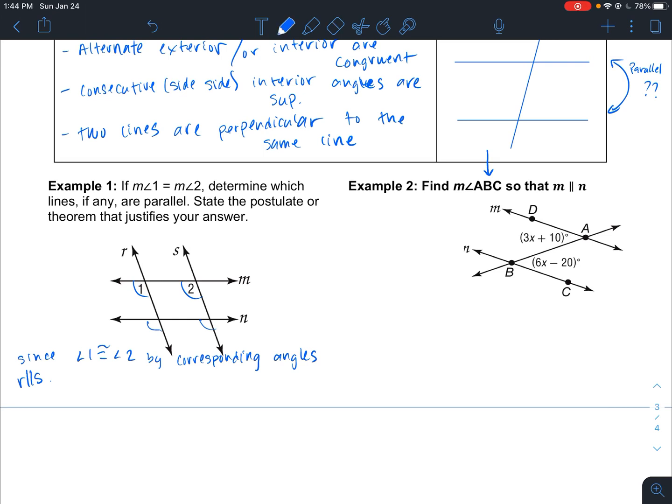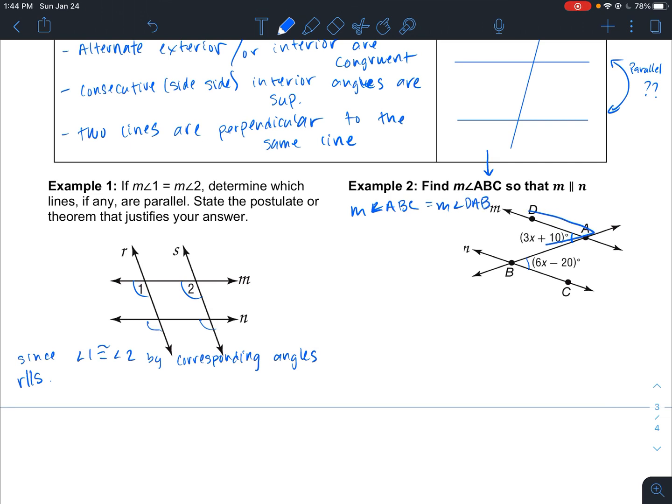Okay? So first of all, let's try and figure out what this angle is. Now, they gave us this angle right here is equal to 6x minus 20, and this angle right here is equal to 3x plus 10. So I know that measure of angle ABC is equal to measure of angle DAB.